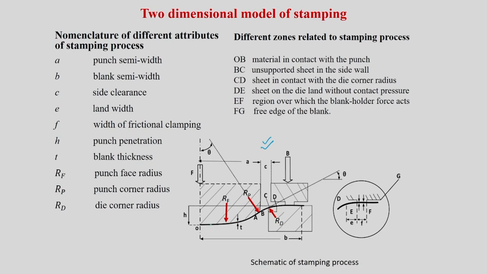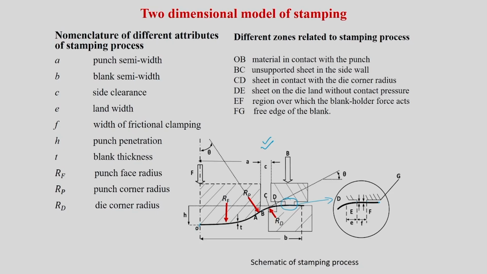So you will see that this black color one is the sheet. It has got O, A, B, C, D, and then this particular portion is actually zoomed in here. A, B, C, D, then E, then F, and at the end you have G. So O, A, B, C, D, E, F, G covers one half of the sheet metal component or stamped component.